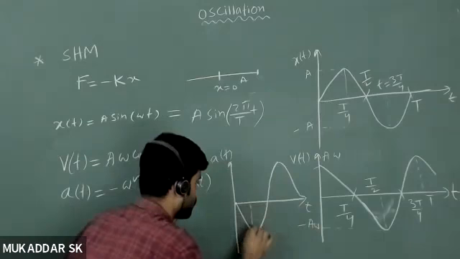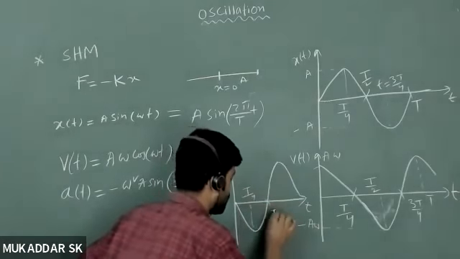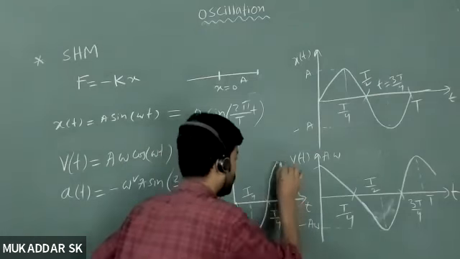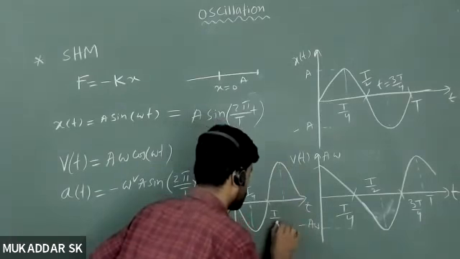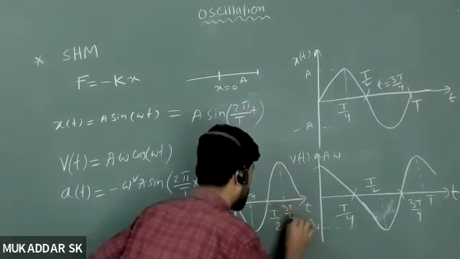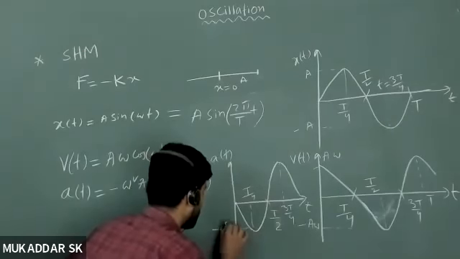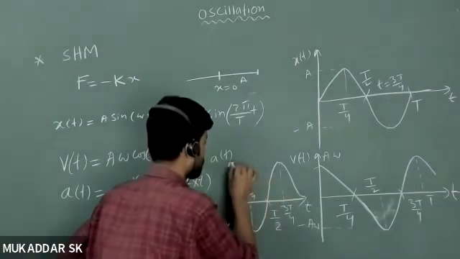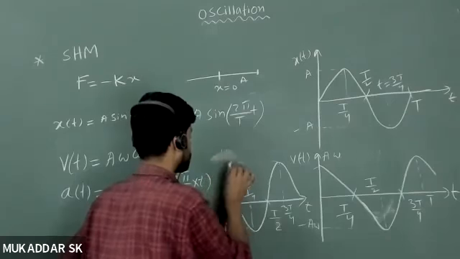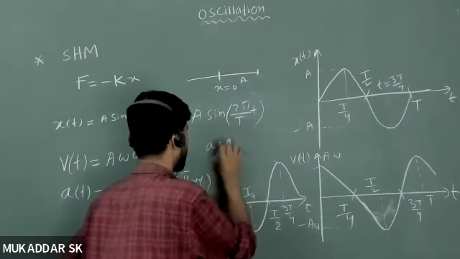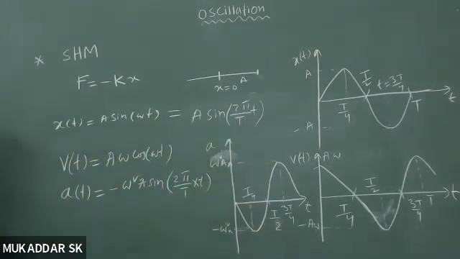So this point corresponds to T by 4. This will be your capital T by 2, and this will be 3T by 4. Okay, and this magnitude is actually minus omega square a, and this will be plus omega square a.